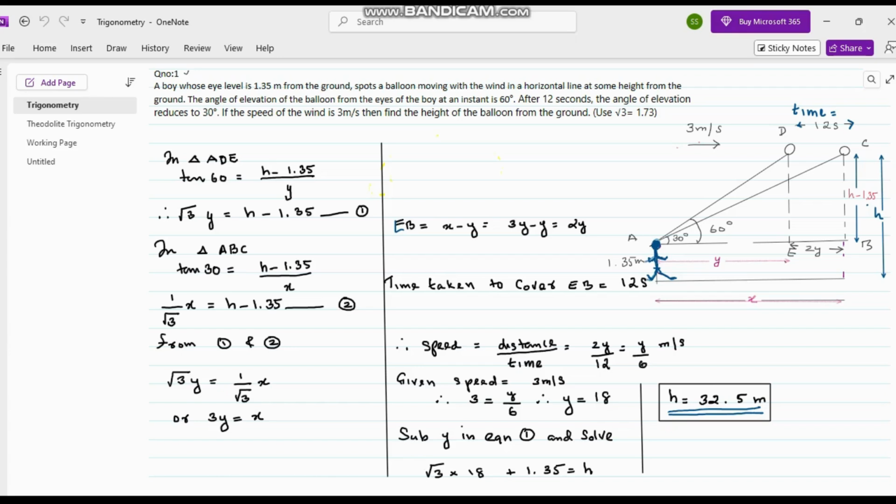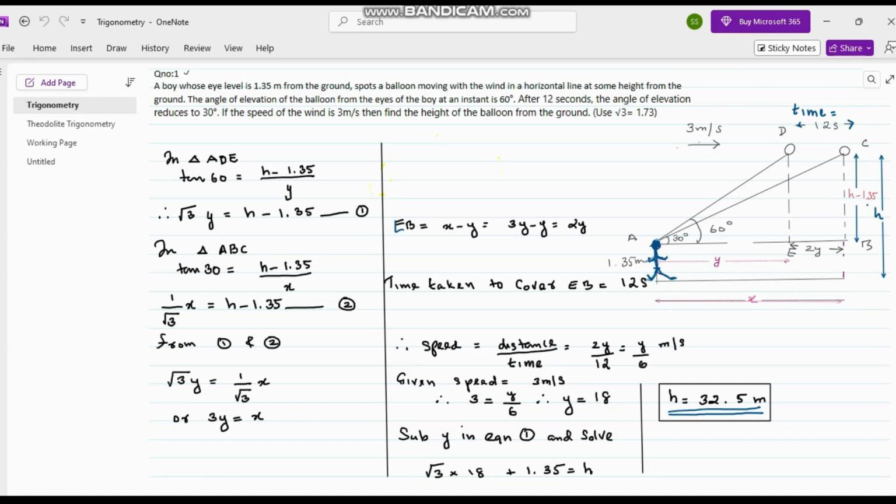In the question it is clear that the time taken to cover the distance D to C is 12 seconds. So the speed of the balloon is 3 meters per second. We know that speed is equal to distance by time.